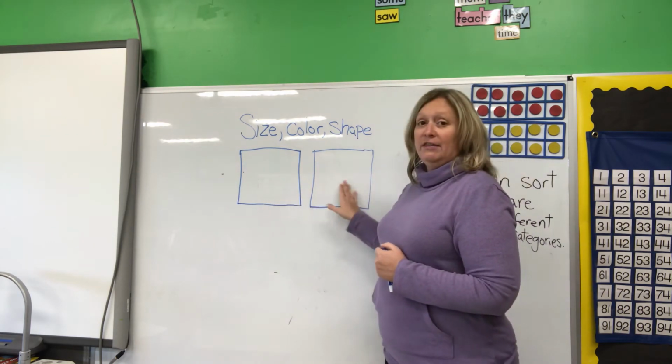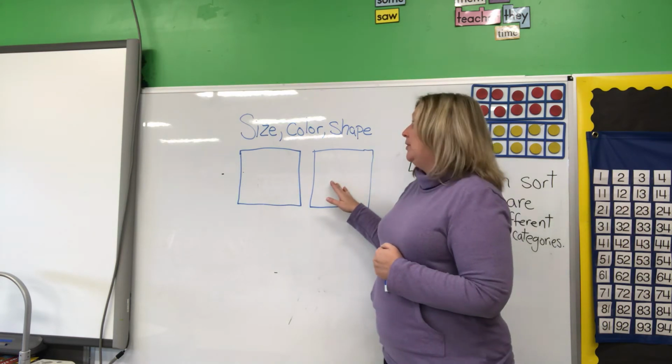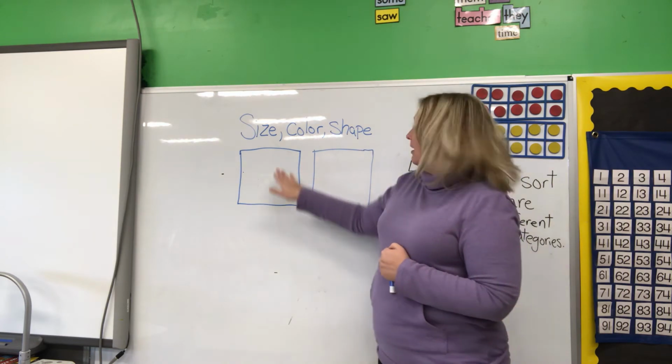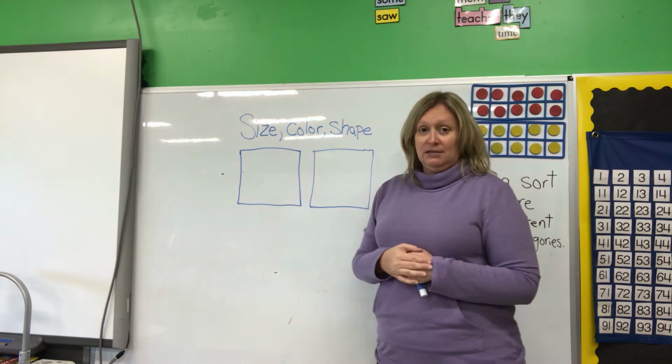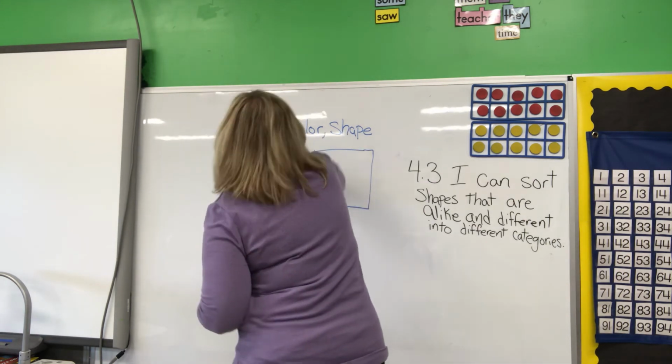So we know that these two squares are alike. They both are the same size, they're the same color, they're the same shape, and they have the same number of sides.